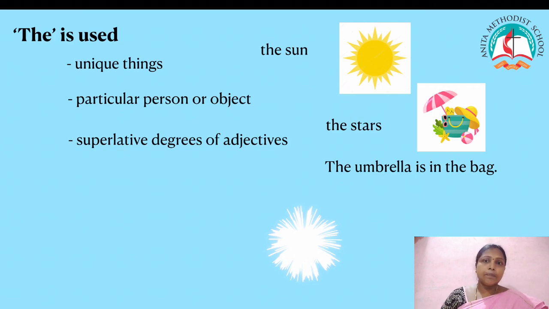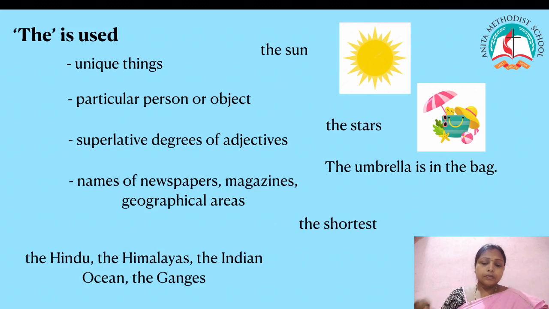For example, newspapers: The Hindu, The Deccan Chronicle; the Himalayas mountain, the Indian Ocean, the Ganges, the Nilgiris, the Nile River. All these are geographical areas where we should use the article "the".